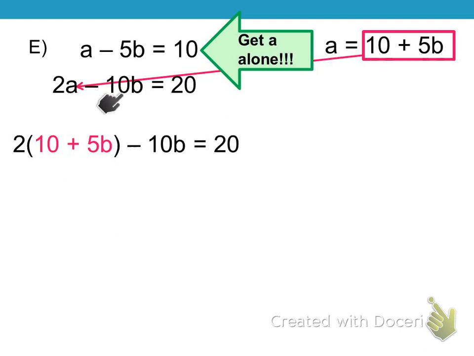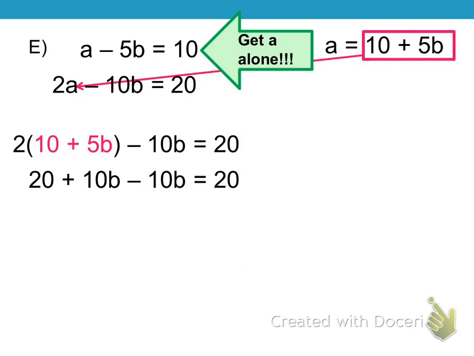Minus 10B equals 20. From here, I multiply through by the 2. So 20 plus 10b minus 10b equals 20.